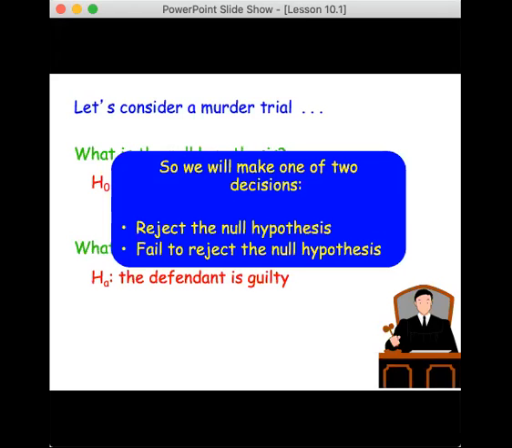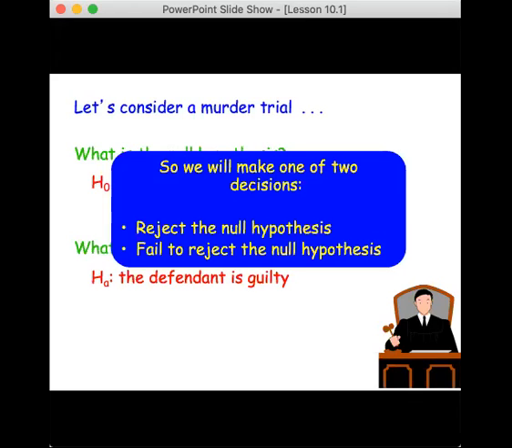They didn't say, we find the defendant innocent. They never say that, because we don't gather evidence to prove him innocent. We gather evidence and we either have enough to say he's guilty or we just didn't have enough to say he was guilty. So the wording is very precise there. I want to make sure you write those down, because we're going to use that tomorrow.